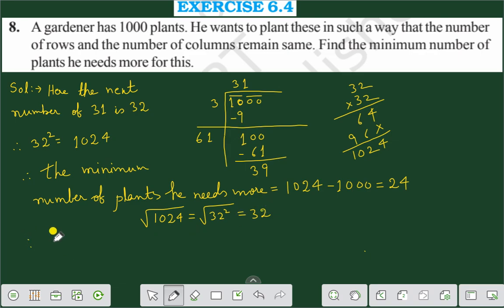Therefore, we can say that the number of rows and columns is 32.